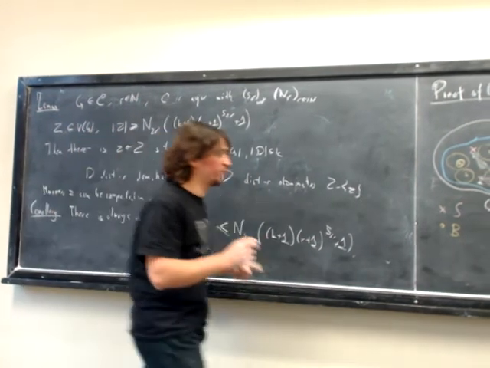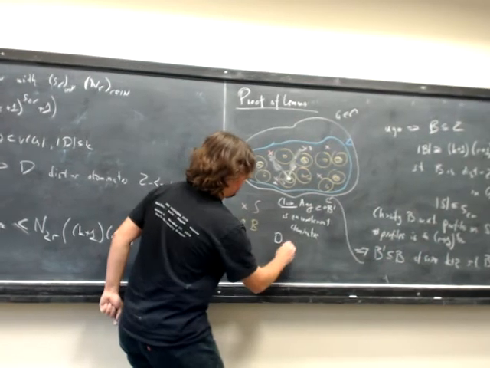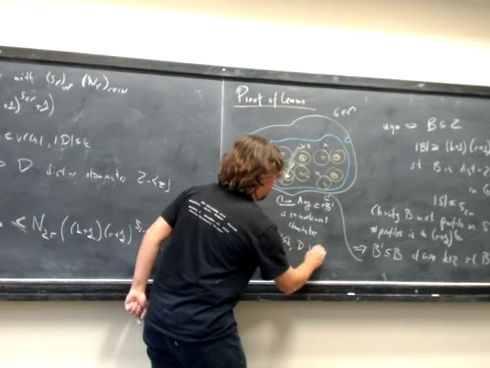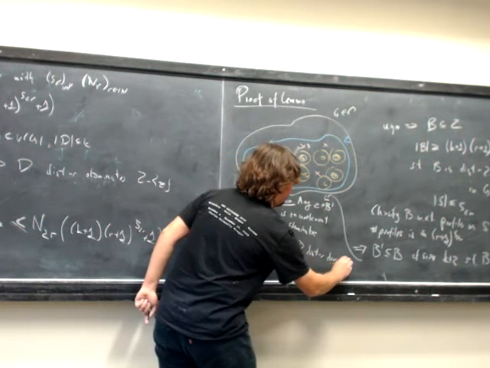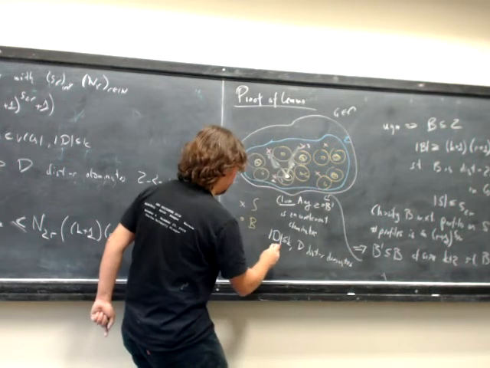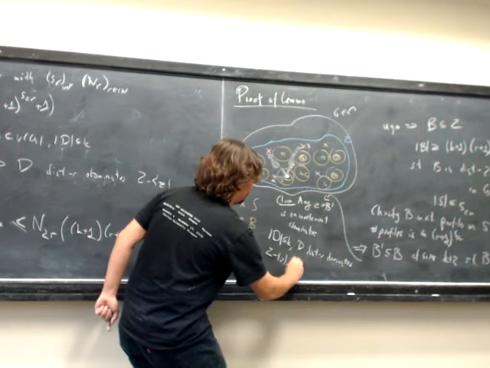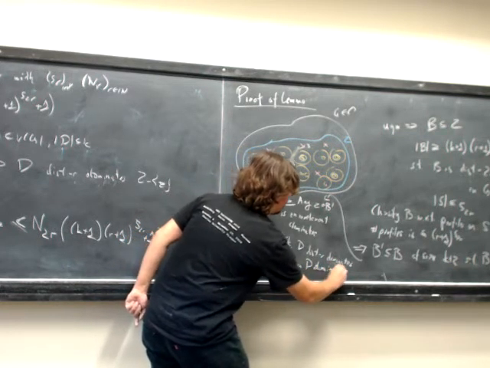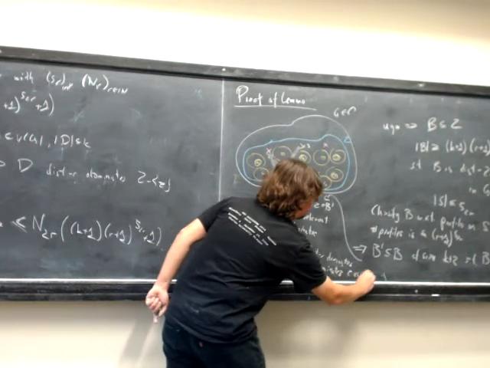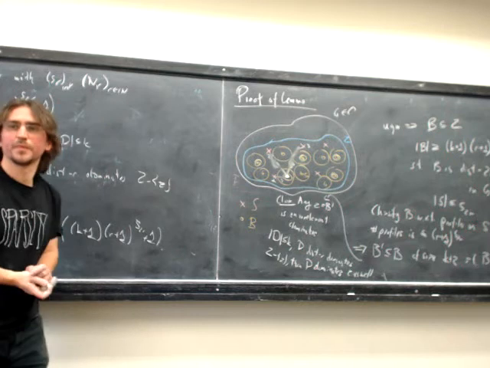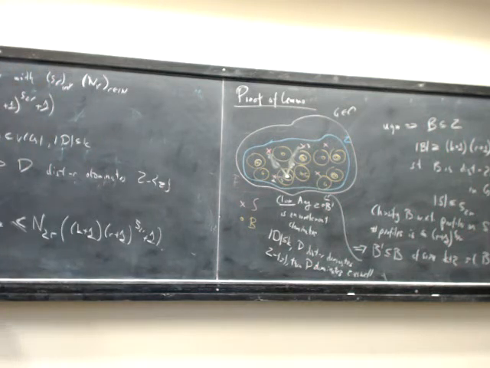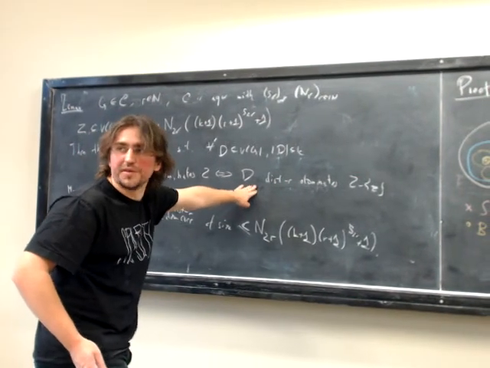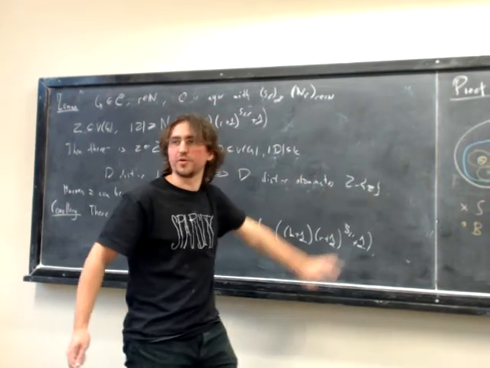And so what we need to prove is that if D is a set of size at most k, and D distance-r dominates Z minus z, then D dominates Z as well. Is it clear? Because in this equivalence, the other implication always holds. This is trivial. It's just domination of a smaller thing. And here I need to prove that domination of this also forces domination of this small z.